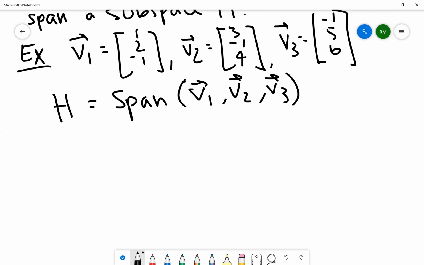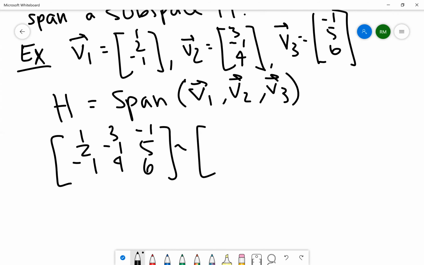Well, how do you check if it's a basis? You can set up a matrix and row reduce. So let's do that: 1, 2, -1, 3, -1, 4, -1, 5, 6. If we row reduce this, we can get 1, 3, -1, 0, -7, 7, and then 0, 7. Oh, my bad, I forgot the minus sign right here.